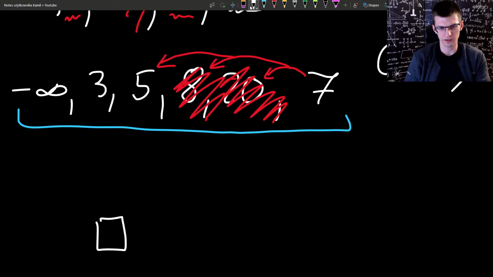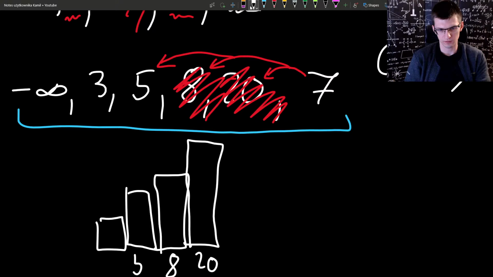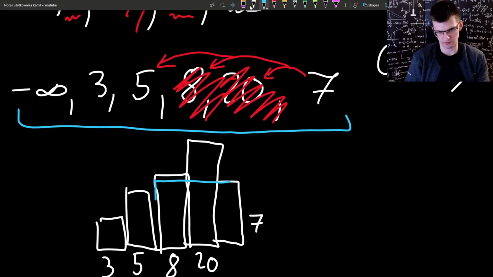There is a 3, there is a 5, 8. I know that scale isn't good here. 20. Also, there could be some numbers in between that we already removed. And now there is 7. So what really happened is that when 7 popped 20 and 8, we should consider this rectangle.